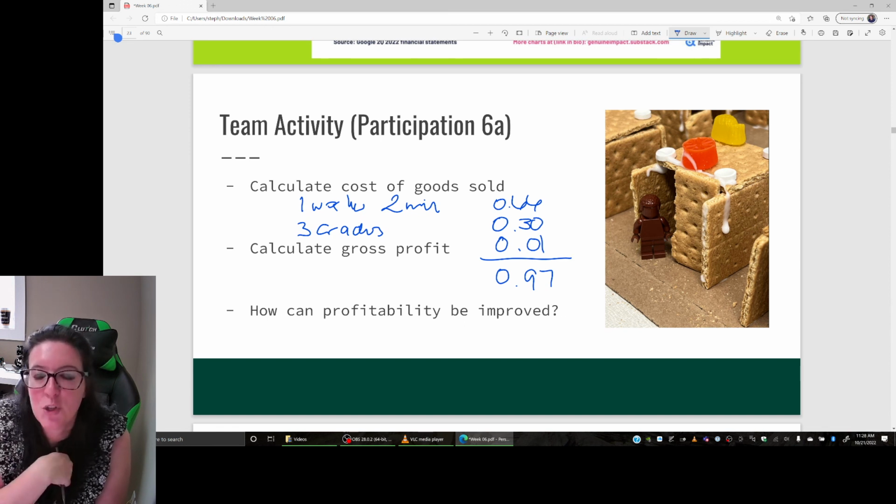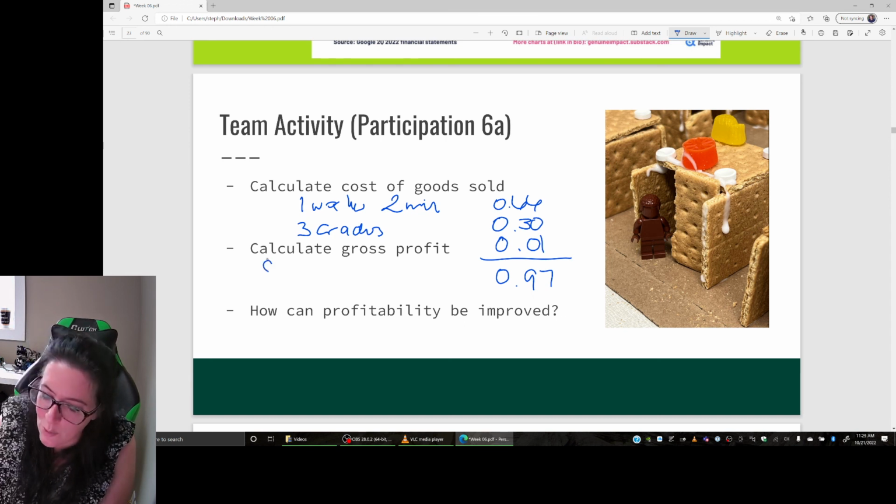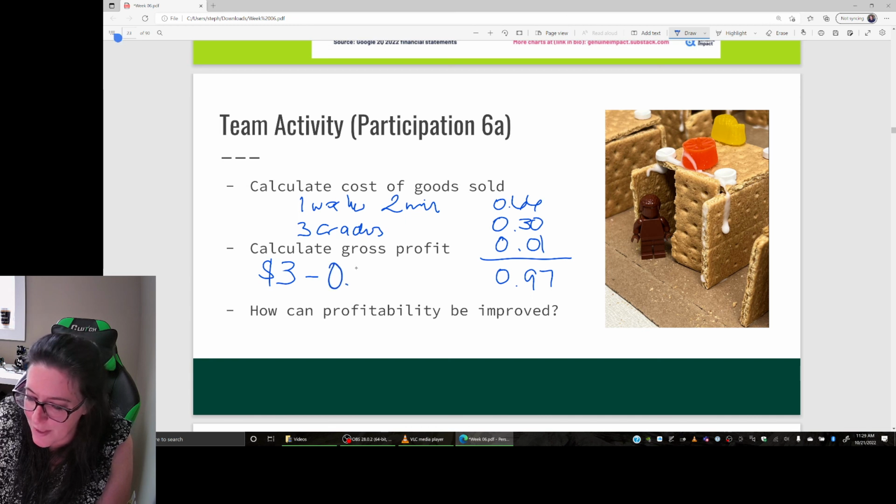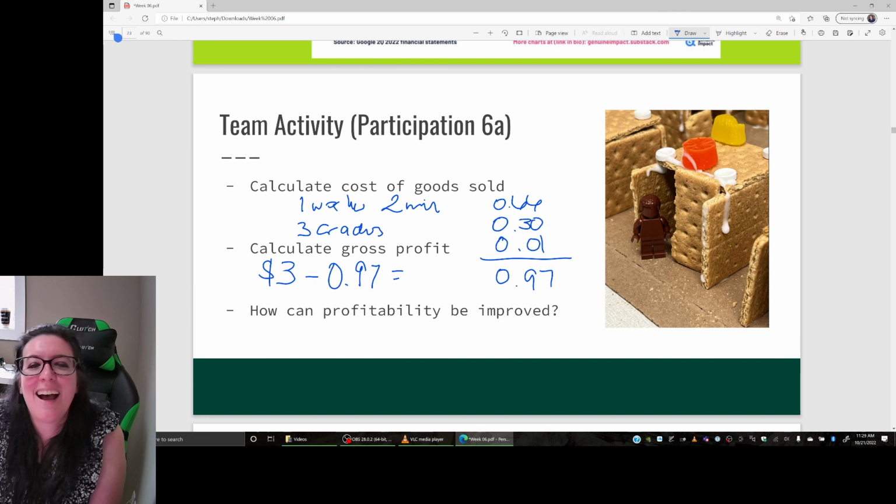Because my gingerbread house was very basic, so not even the picture that you see here, but even simpler than that, it had 1 decoration and 3 crackers. It could only sell for $3. So then my gross profit is $3 minus the 97 cents it took to make it. And so you can see that my gross profit is right around $2.